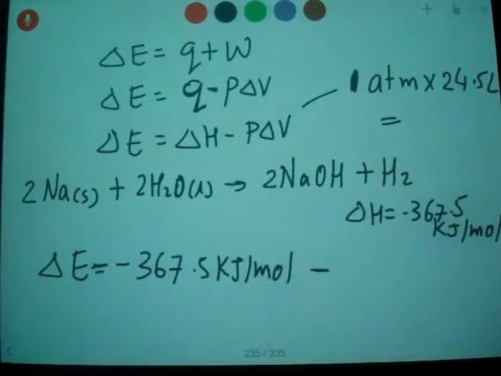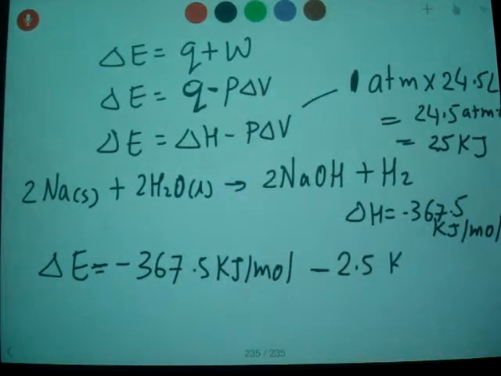Then it's about 24.5 atmosphere liter, and when you convert into kilojoules, 2.5 kilojoules per mole.